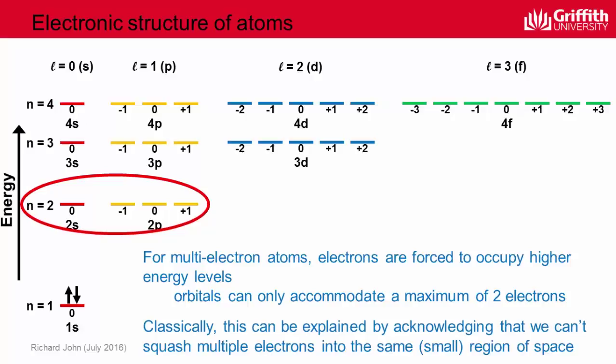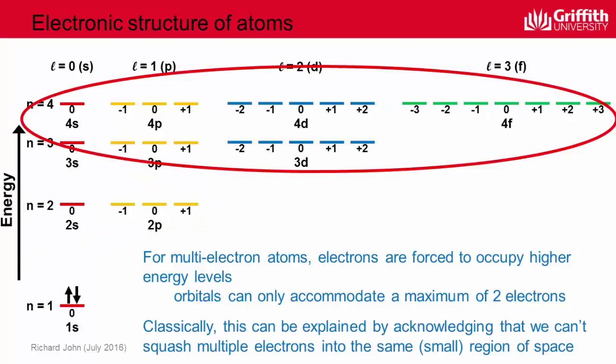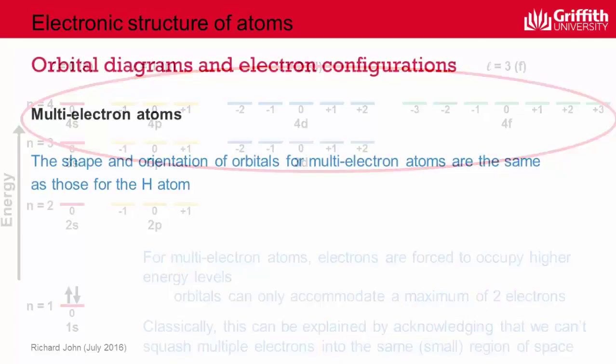So that when we get up to element number 3, lithium, one of its 3 electrons needs to go into an orbital in the n equals 2 shell, and the same goes for beryllium and boron and carbon, numbers 4, 5 and 6. By the time we get up to number 11, sodium, and even higher numbered elements, we need to start putting the electrons into orbitals at these higher energy levels.